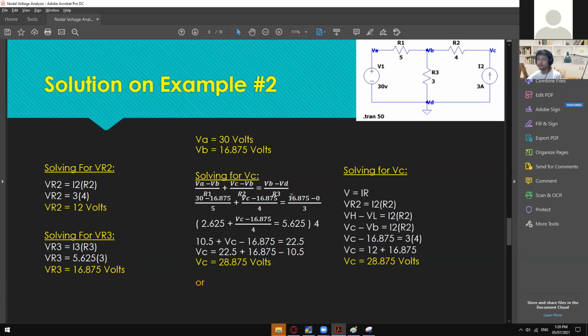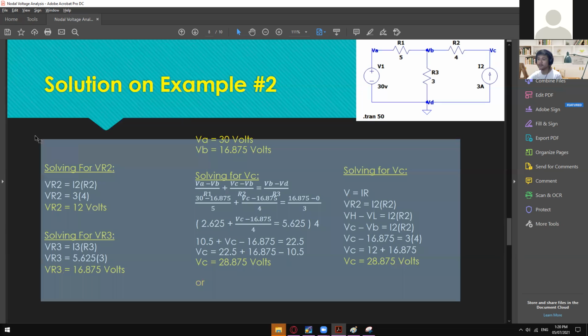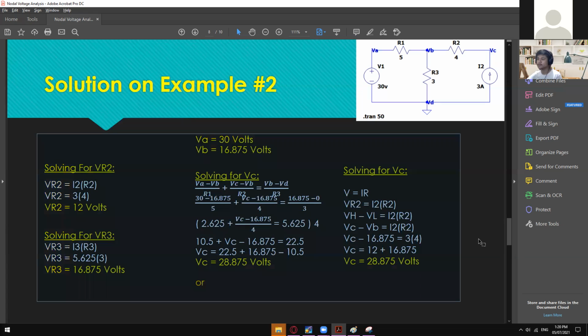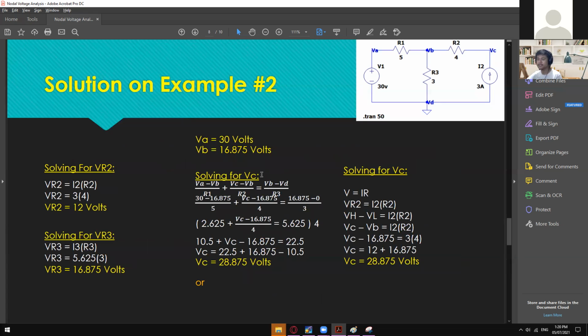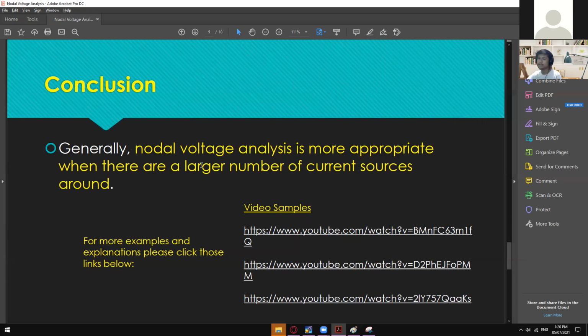Okay, so I hope you guys were able to get the idea. So just verify this one later on. And then that's actually it for example number 2. So generally, nodal voltage analysis is more appropriate when there are a larger number of current sources around.